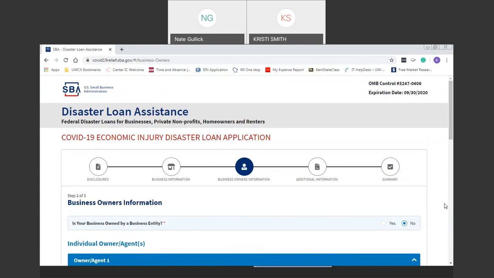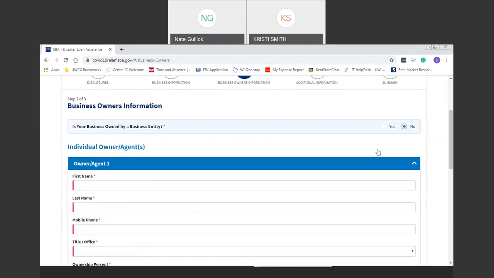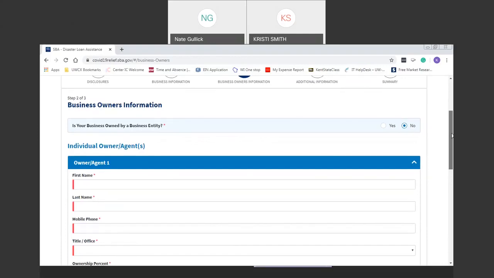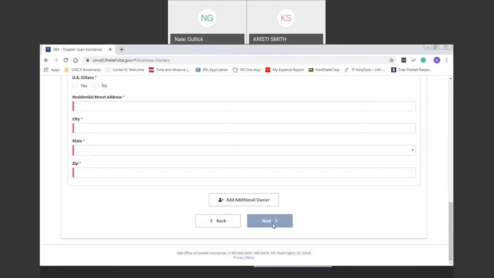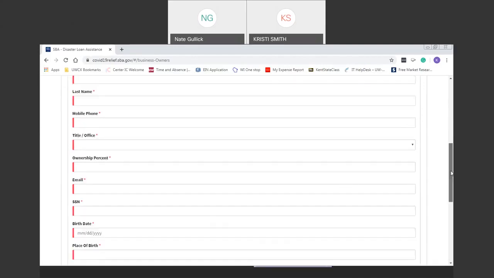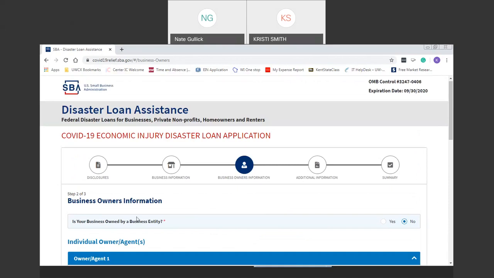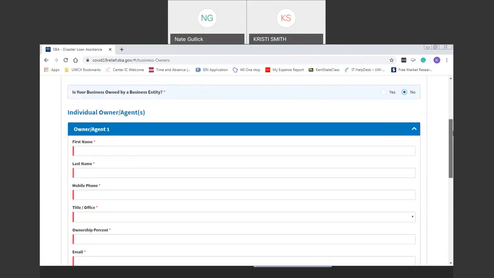I've had a lot of people scroll and start working on this and miss that question, and so when they get to the bottom of filling this out, they can't click next. So if you have somebody who says, I filled this whole thing out and I can't click next, ask them to scroll all the way up to the top and look for this question. That's usually been a little bit of a sticking point there.